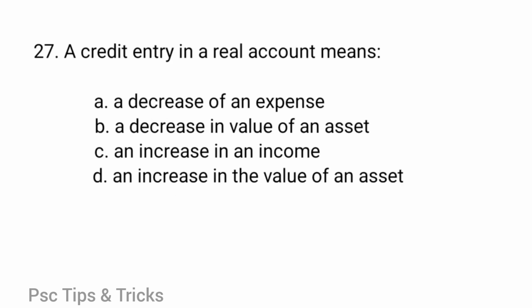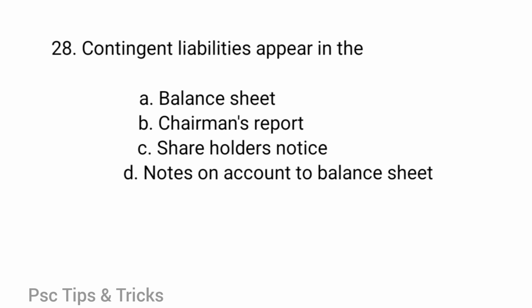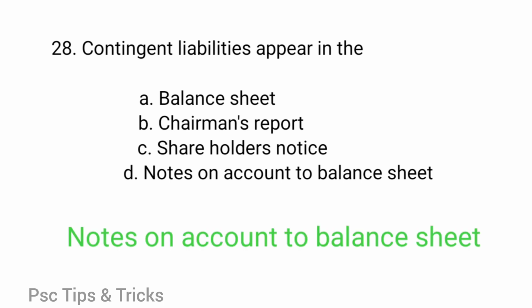A credit entry in a real account means a decrease of an expense, a decrease in value of an asset, an increase in an income, an increase in the value of an asset. A decrease in value of an asset. Contingent liabilities appear in the balance sheet, chairman's report, shareholders' notice, notes on account to balance sheet. Notes on account to balance sheet.